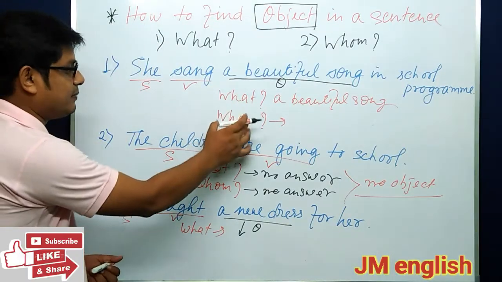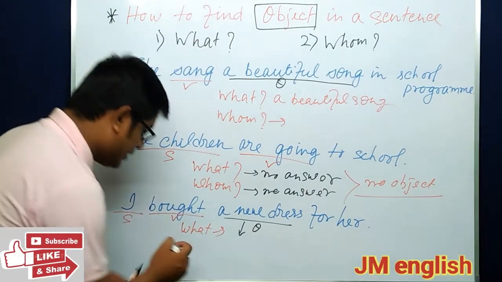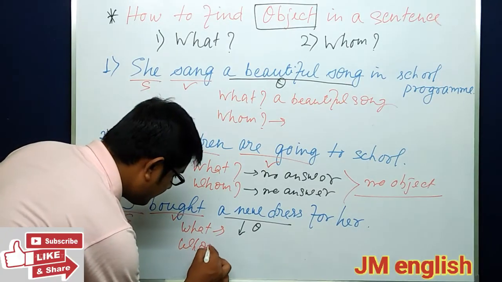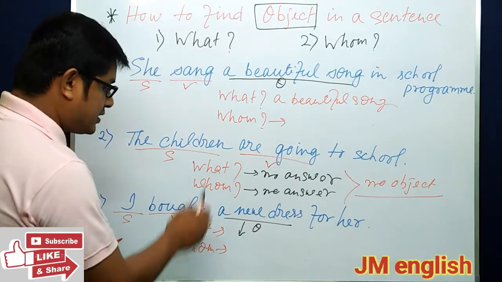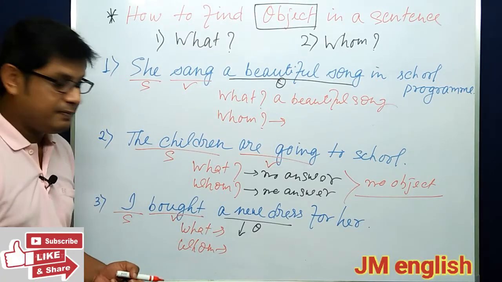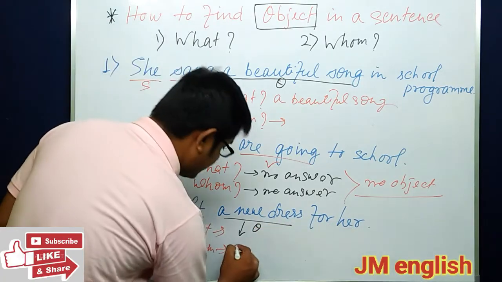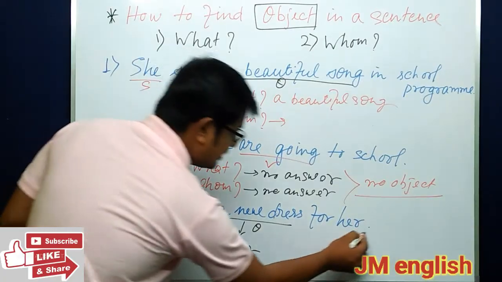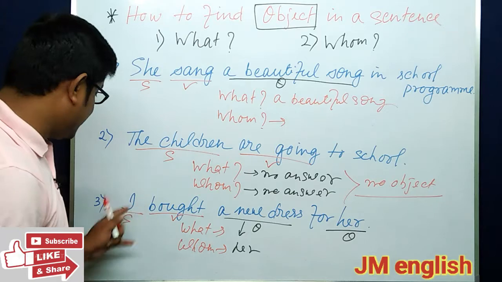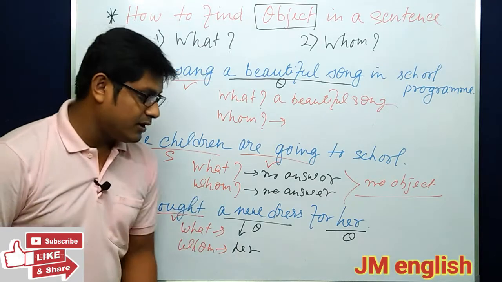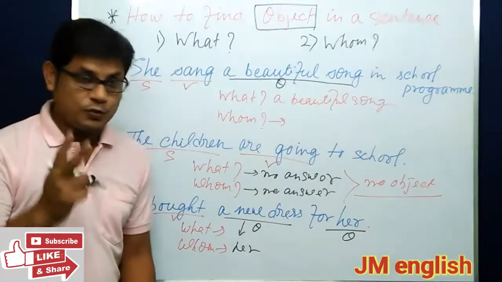Now use the second part, whom. If you ask this question with whom, I bought a new dress for whom? For her. So this is another object. Okay, so this sentence, I bought a new dress for her, has two objects.